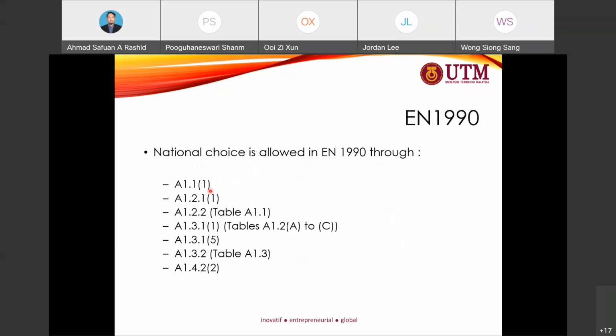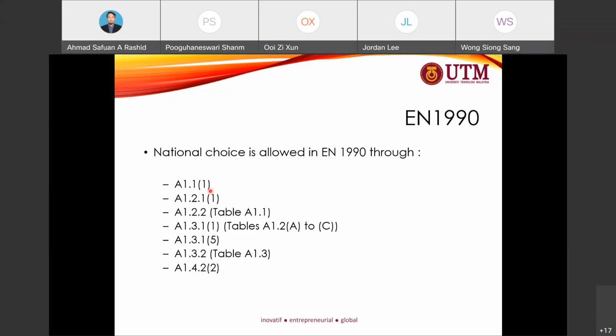So if we go through EN 1990, this is the section that discusses where any country has their own choice to come up with their own standard.